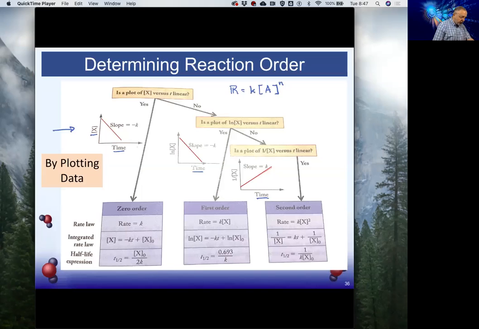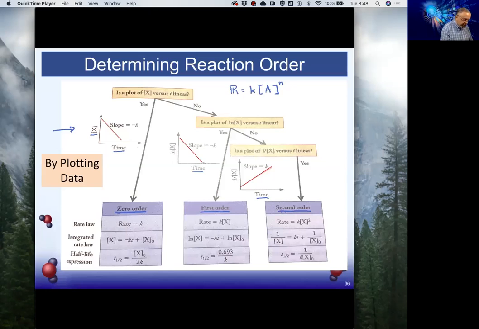The first one is called zero order. And this is the least likely to happen, but it happens from time to time to come across one reaction that is zero order. Most of the time it's going to be first order or second order. And so we need to figure out which of these expressions.